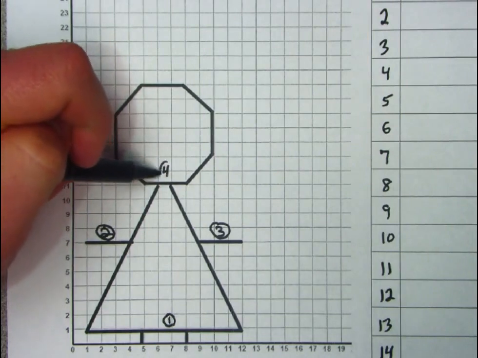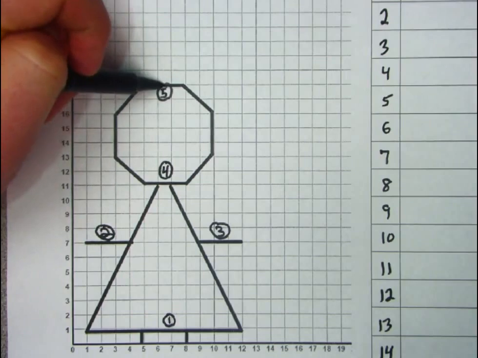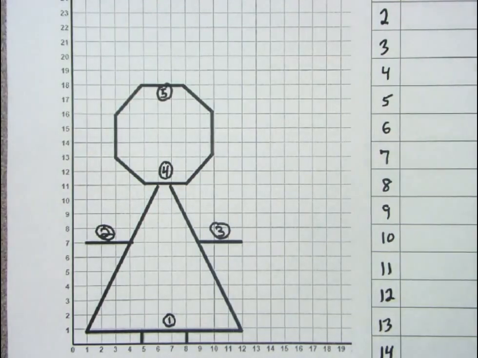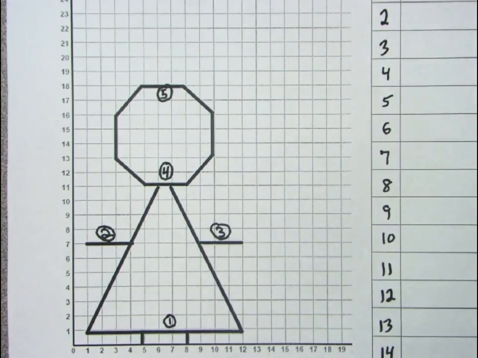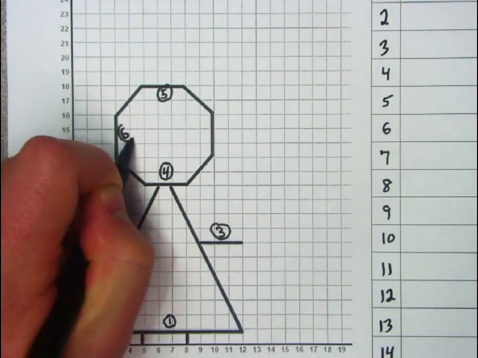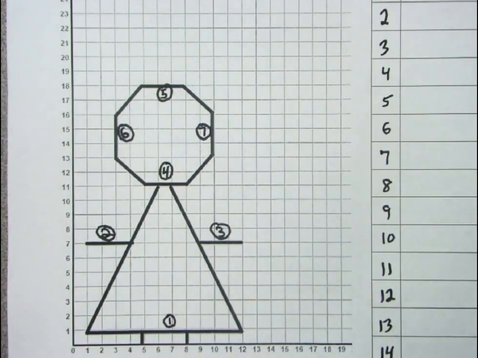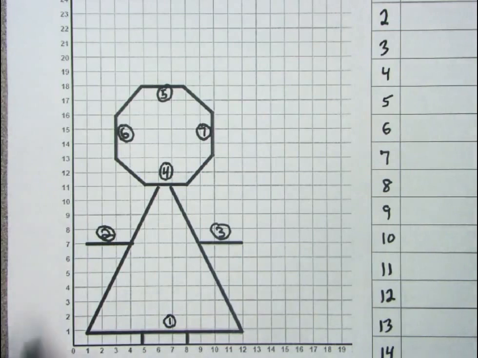So all the horizontals are going to be 1 through 5. Okay. Next, let's do the verticals. So let's call these 2 verticals 6 and 7. And let's call the other 2 verticals down at the bottom 8 and 9.